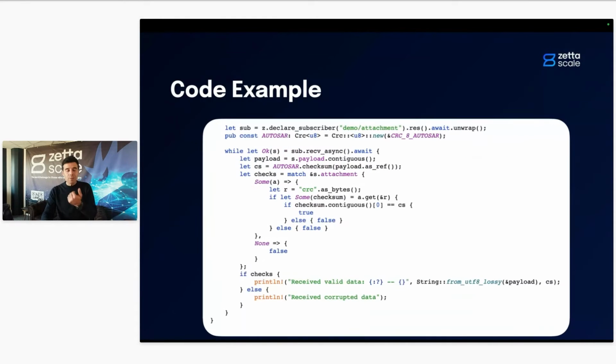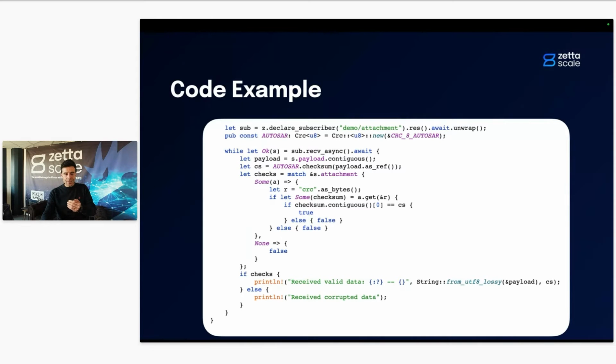And how do you deal with an attachment on the receiving side? Here you see the subscriber side. We establish a subscription. Whenever we receive a sample, we take the payload, we compute the checksum, then we look to see if there is a checksum.